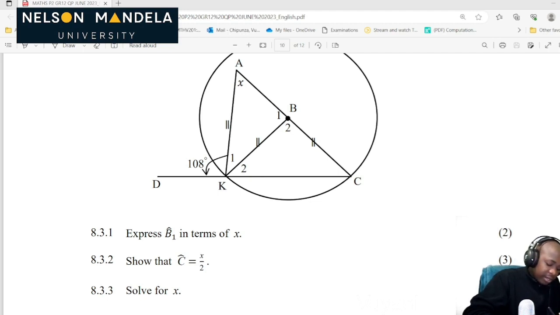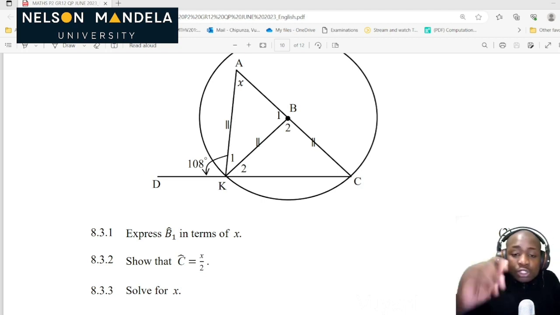Reason: it's given, they're equal sides, so therefore B1 is equal to X. Why is that equal to X? Because angles opposite equal sides. These sides are equal.